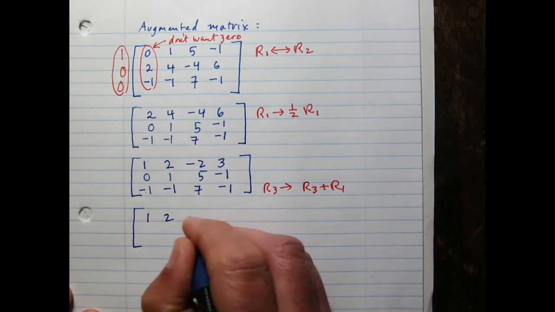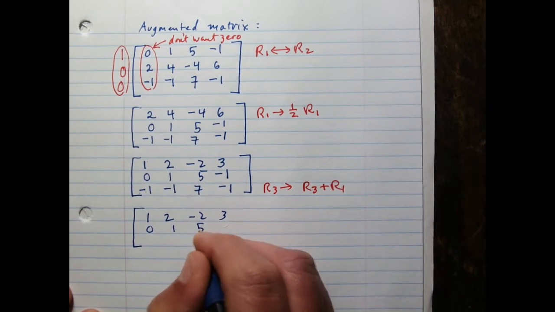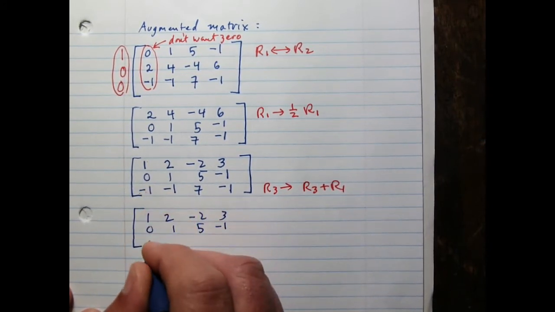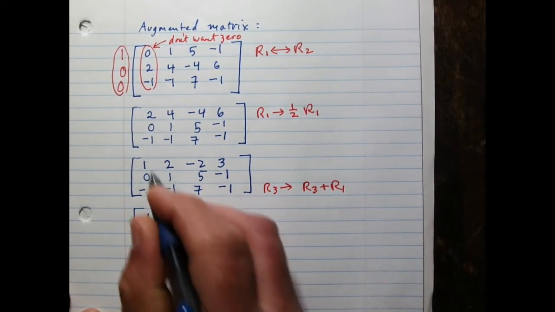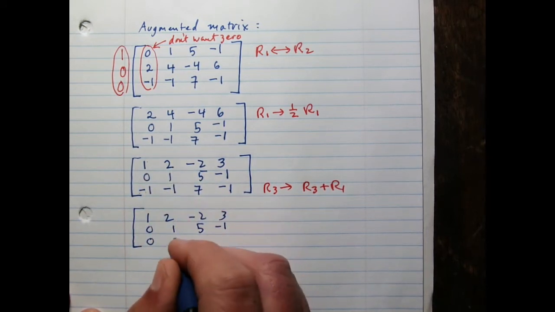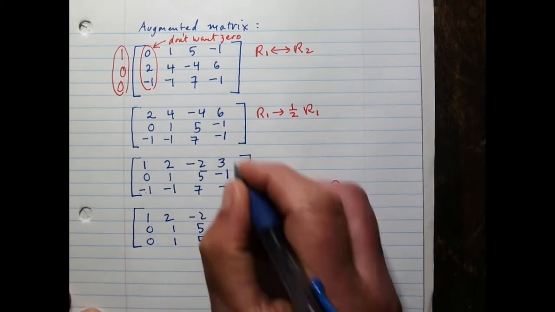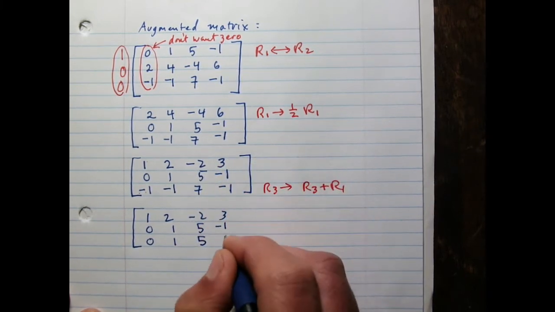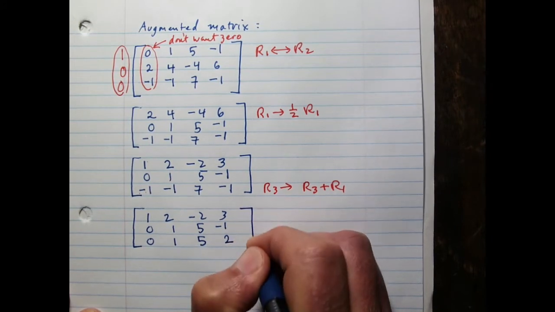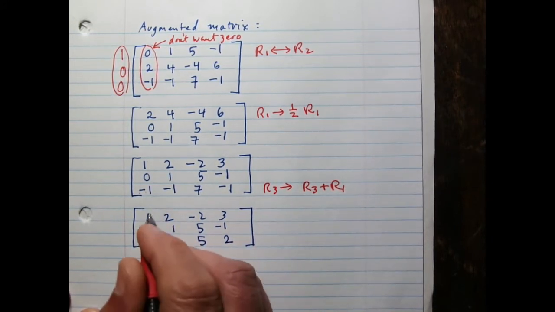So 1, 2, -2, 3, 0, 1, 5, -1. And then I'm going to add row 1 to row 3. So I get 0. 2 plus -1 is 1. -2 plus 7 is 5. 3 plus -1 is 2. So now I'm happy with my first column.